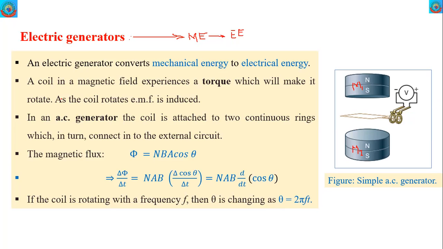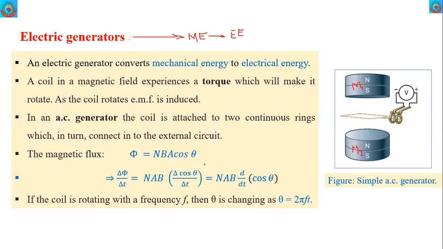So a coil in a magnetic field, look, this is a coil. Okay, the coil in a magnetic field experiences torque, which will make it rotate. So here coil magnetic field ላይ ያለው ምንድነው የሚፈጥረው? Rotational energy. So as the coil rotates, an EMF is induced.